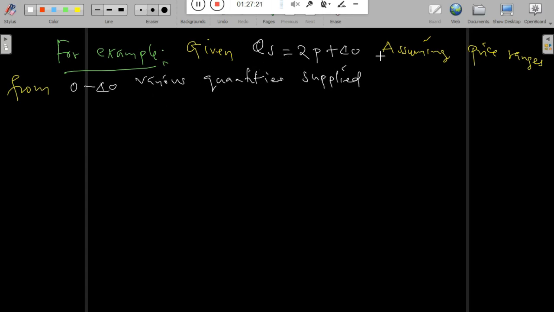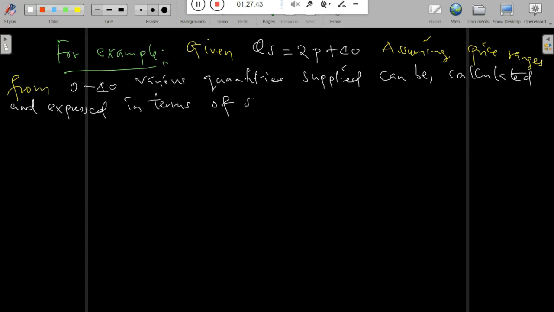How can you calculate the quantity supplied under the given function? You are required to express the quantity supply schedule, and you need to calculate the quantity supplied that you don't have.